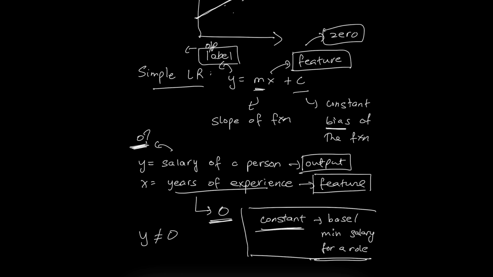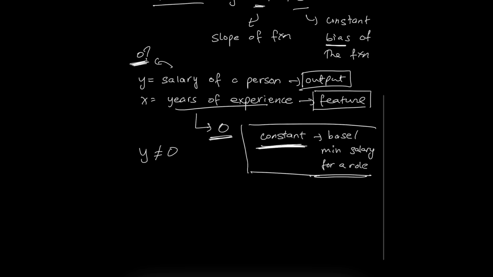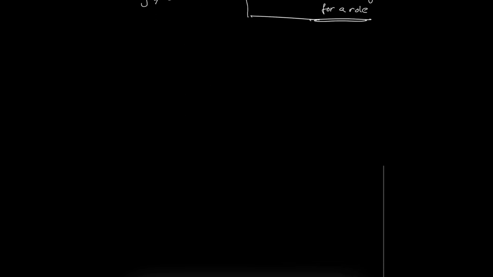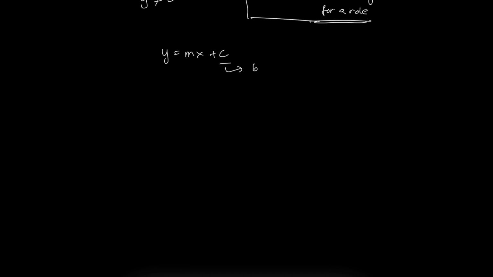So this is what we refer to when we say constant. So a simple linear regression, to sum it up, has a function of y equals mx plus c, where c is the bias term or the constant and m is the slope.